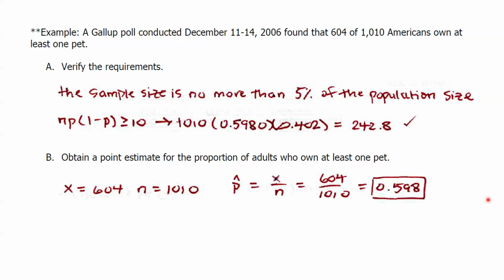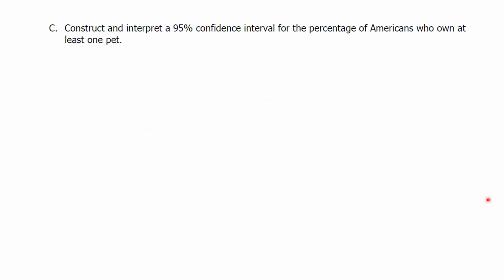So to find p hat, we are going to take X divided by N, which gives us the value 0.598. So for C, we're now asked to construct and interpret a 90% confidence interval for the percentage of Americans who own at least one pet.